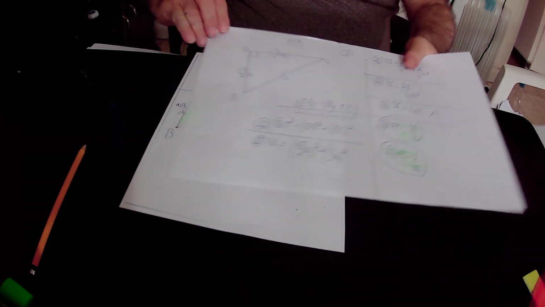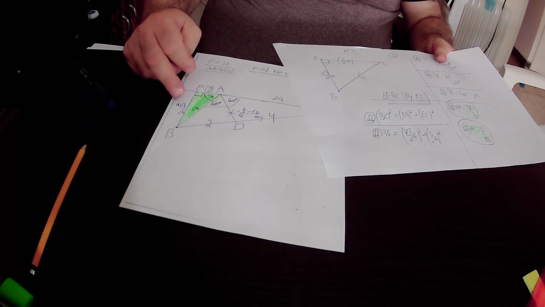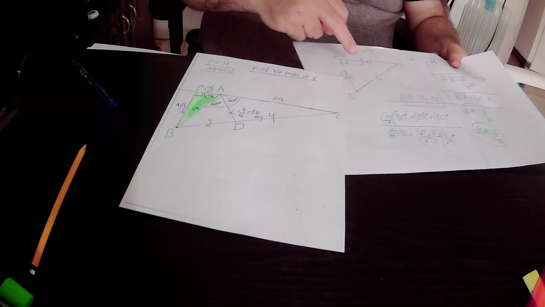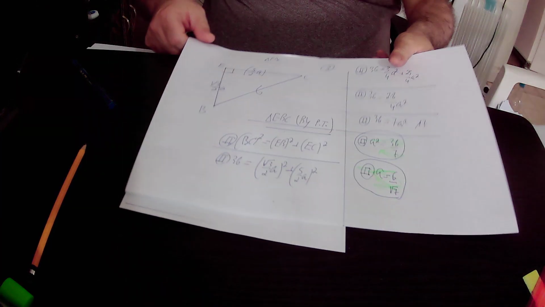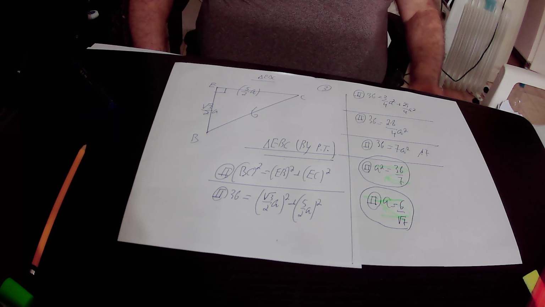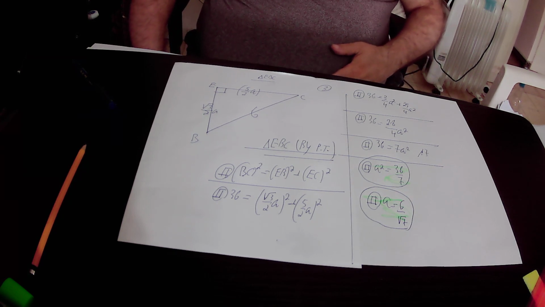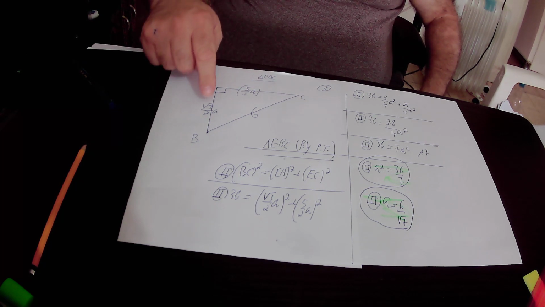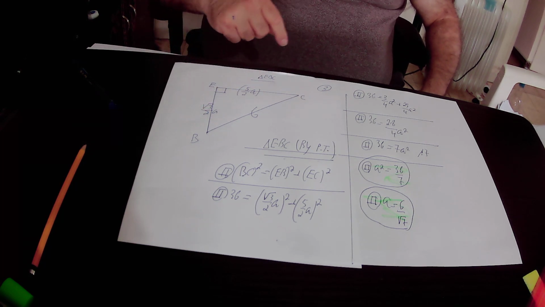We have already found out that EB equals square root of 3 over 2 times a, and the hypotenuse BC equals 2 plus 4, that is 6. So in triangle ABC, according to the Pythagoras theorem, the square of the hypotenuse equals the sum of the squares of the perpendiculars. That is to say, BC square equals EB square plus EC square.